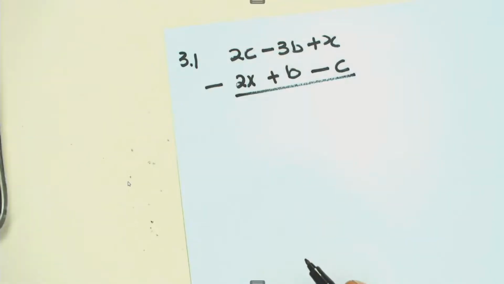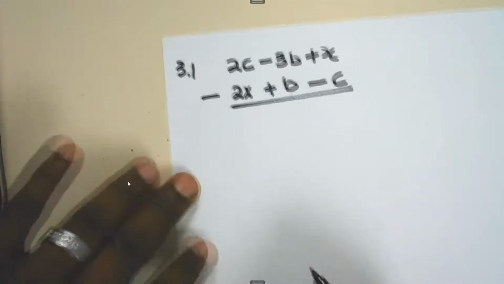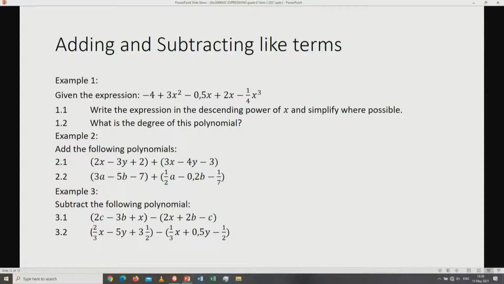In this case, I'm subtracting now. I've actually typed x, there's a b, the c, and the c. All right, it's fine. Now let's do the subtraction.